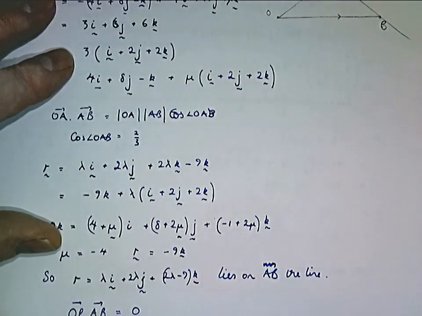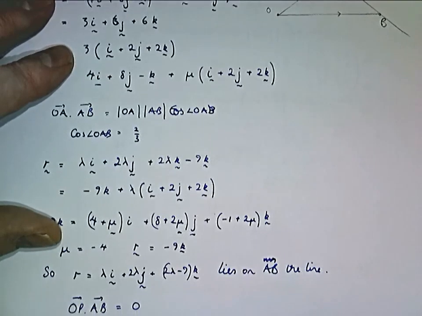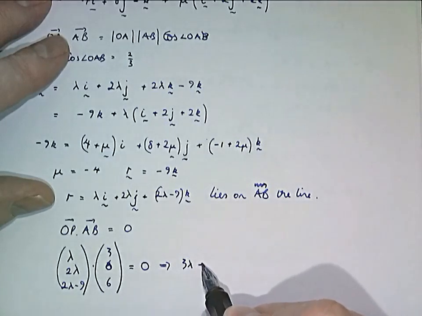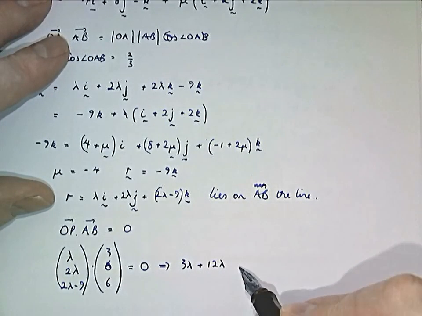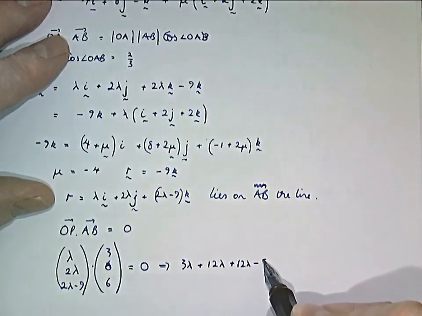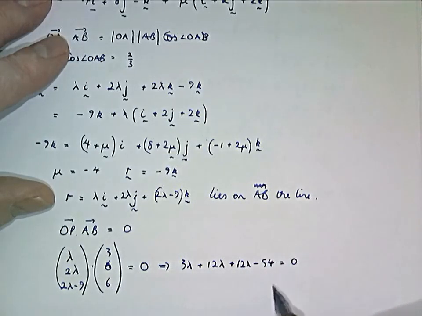So that implies that 3 lambda plus 12 lambda plus 12 lambda minus 54 equals 0. So lambda is equal to 2.